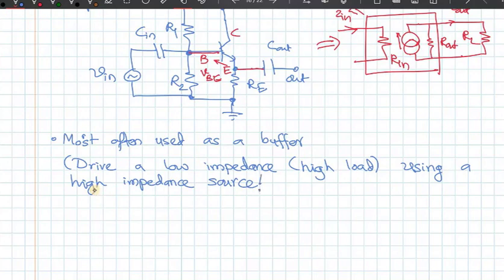So this is the main application of this amplifier. It's actually a very highly useful circuit.